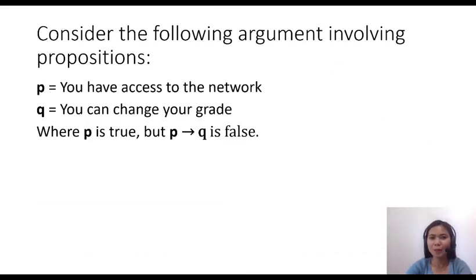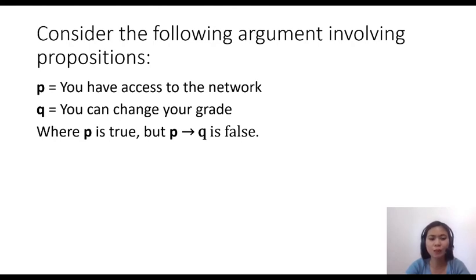Now, what happens when we replace P and Q in this argument form by propositions where not both P and P implication Q are true? So, ibig sabihin, what if isa sa mga premises false ang truth value? So, let's consider the following arguments involving propositions. The argument we obtain by substituting these values of P and Q into the argument form is like this.